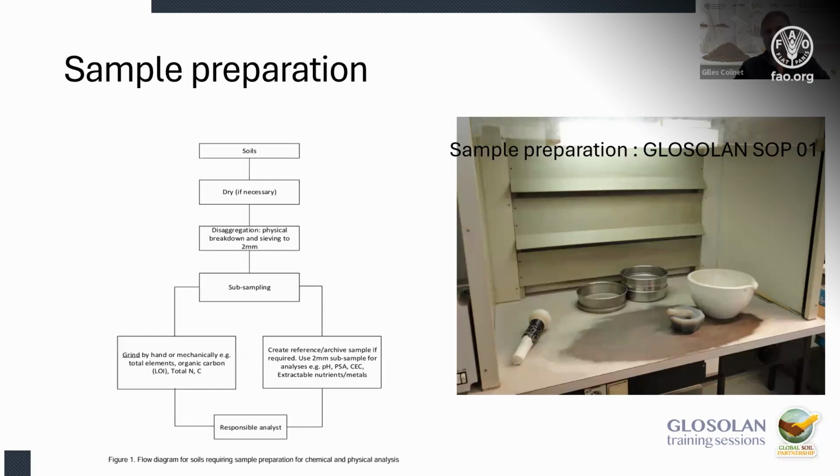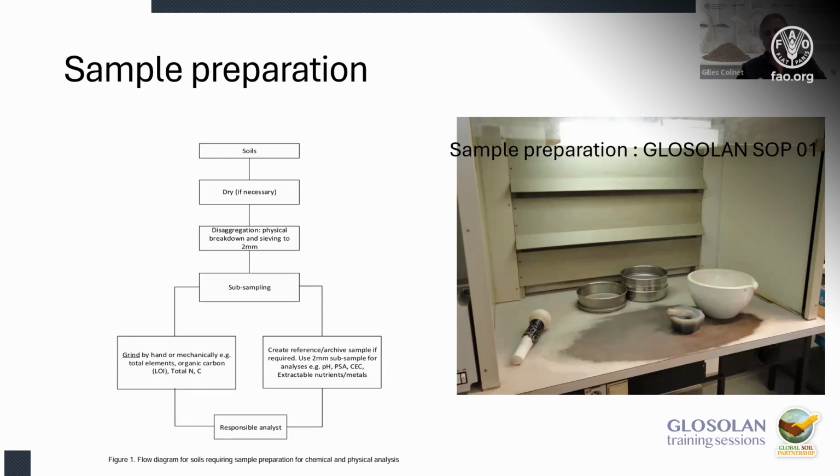We use mortar and pestle. I don't remember the exact English name. You have the material on the photos. We use two different kinds of material according to the need to have a neutral matrix according to what you measure.